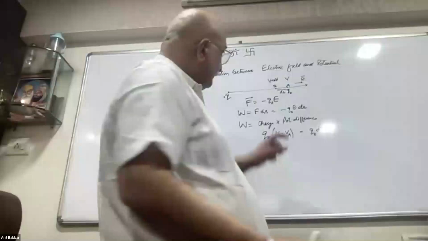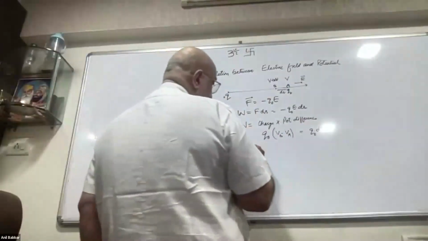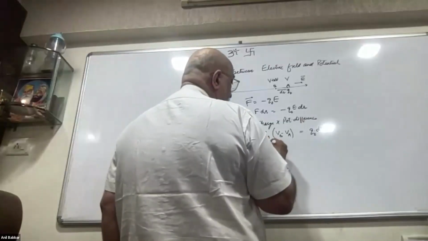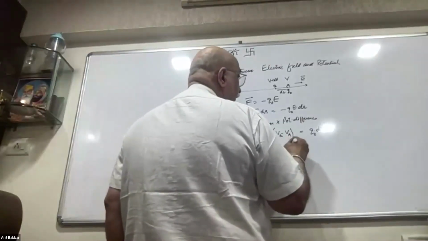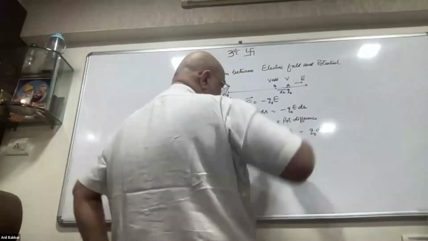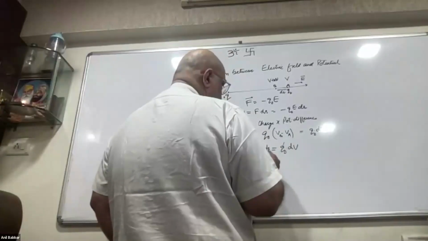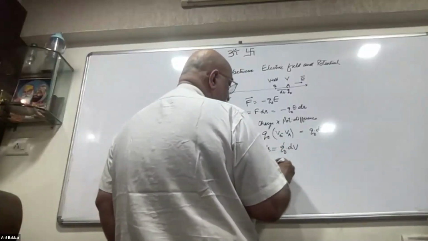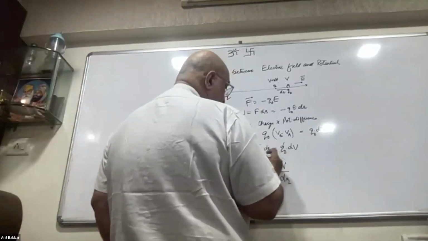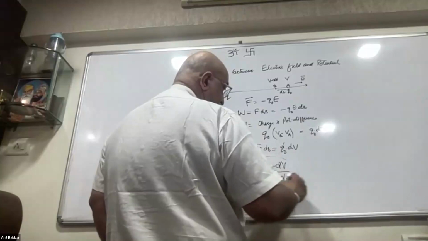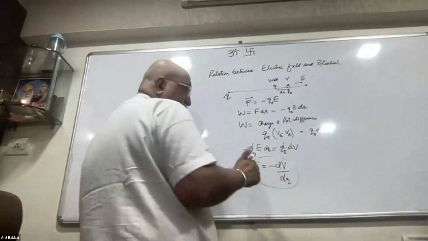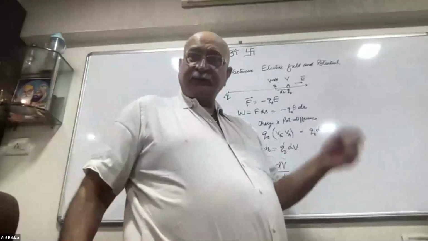Equating these two, we get minus Q naught E dr equals Q naught dV. So this Q naught gets cancelled, right? And we have electric field as minus dV by dr. This is called potential gradient, because here the potential is considered with respect to the distance.